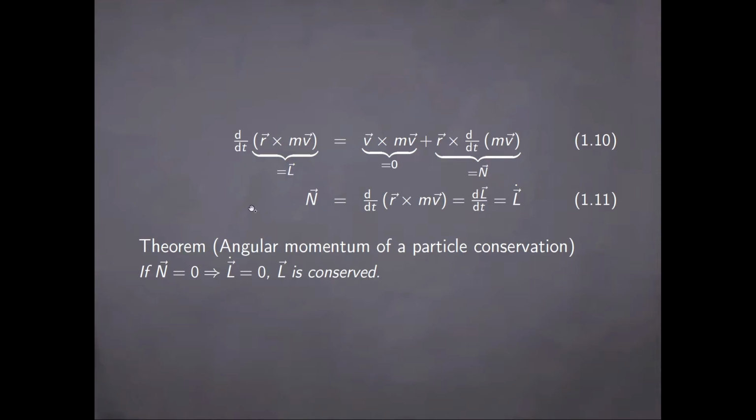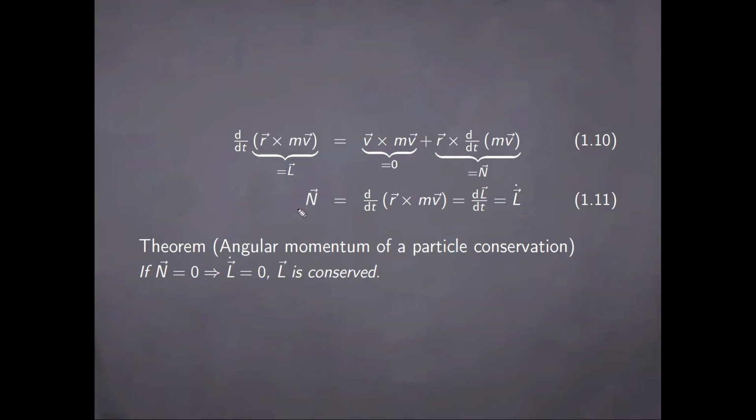But if we look at the time derivative of the entire cross product, so the time derivative of the angular momentum, we see that the first term is a cross product between two parallel vectors, namely the velocity and linear momentum, and as such it vanishes, while the second term is simply the cross product between the radius vector and the time derivative of linear momentum, so as such it is the cross product between r and force, or in other words it is the torque.